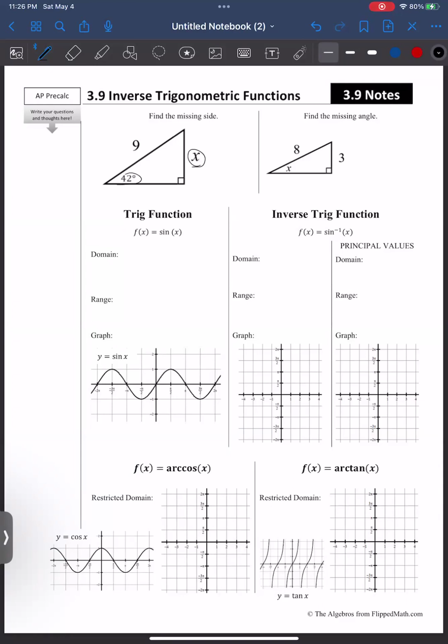In this example, I have 42 degrees. Well, I can say that the sine of 42 degrees is equal to the opposite over the hypotenuse. And then I can multiply 9 on both sides. That would give me that x equals, and then I would have to plug that into my calculator.